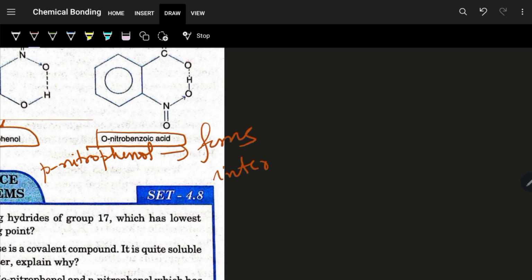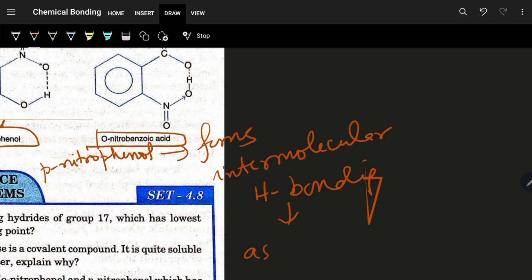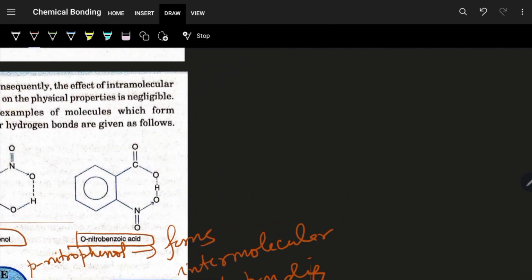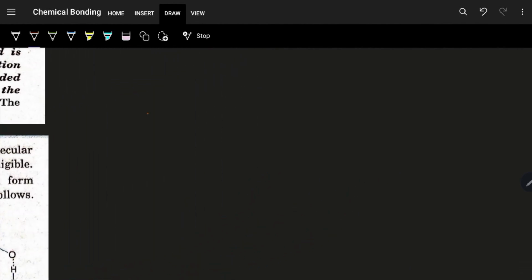intermolecular hydrogen bonding. It forms intermolecular H bonding, for which it actually forms associated molecules. We can show that in this manner, like NO2 and OH. Suppose I am drawing the structure of P-nitrophenol. P means para-nitrophenol.